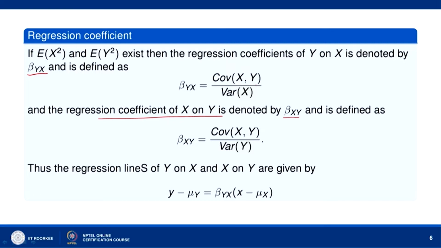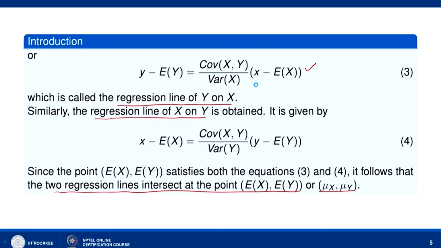Now, using these regression coefficients, the regression line of y on x, which is y minus mu y equal to covariance of x y over variance of x into x minus Ex, I can write as y minus mu y equal to covariance of x y divided by variance of x into x minus mu x.